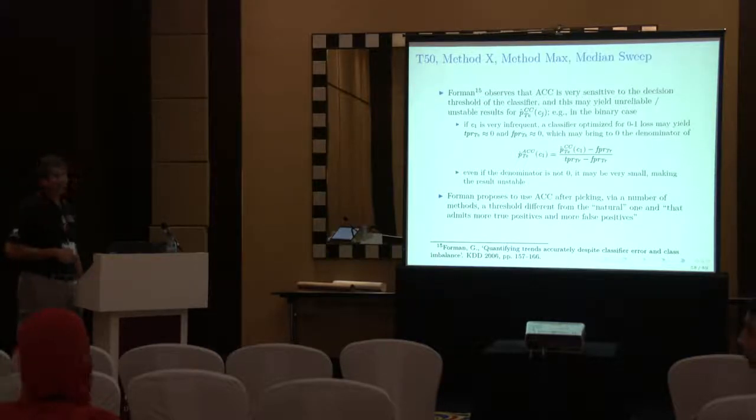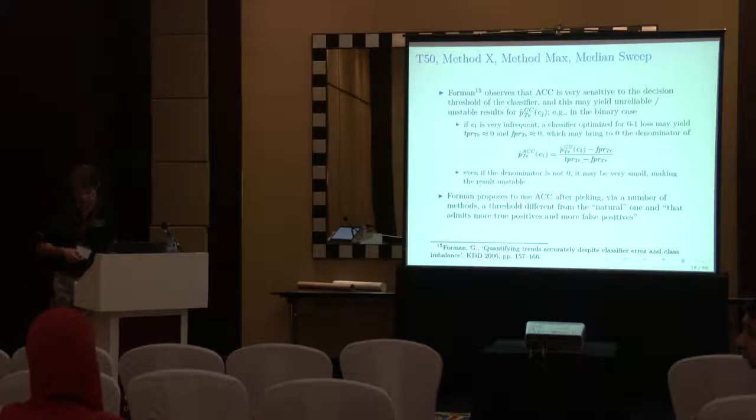Isn't quantification itself sensitive to the classifier? It's sensitive to the decision threshold of the classifier when you have decision thresholds. TACC and TCC are not sensitive to this because you don't use thresholds; you use the original raw posterior probabilities.